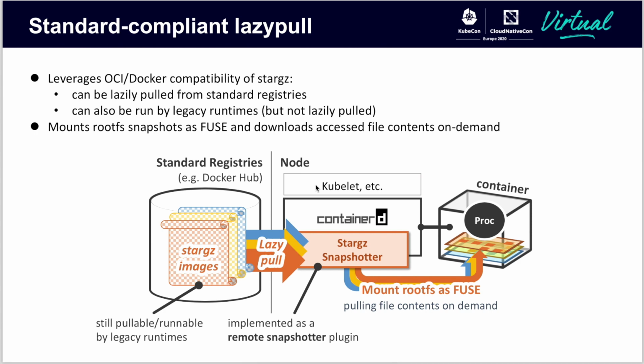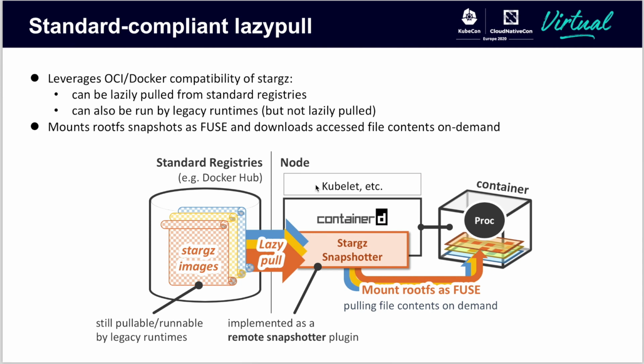Again, Stargz images are compliant with OCI Docker, so legacy runtimes also can pull and run them from registries, but in this case not lazily. And Stargz Snapshotter itself is implemented as a remote snapshotter plugin, and a remote snapshotter is a type of plugin of Containerd.